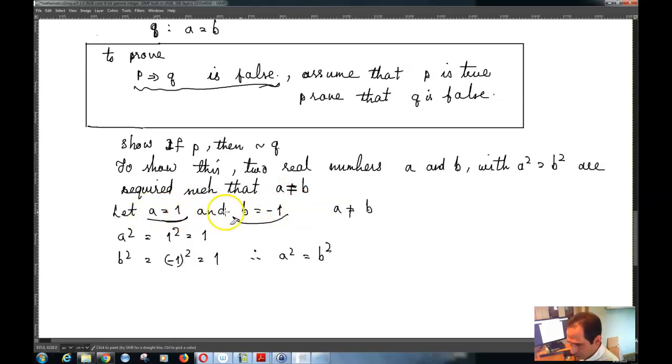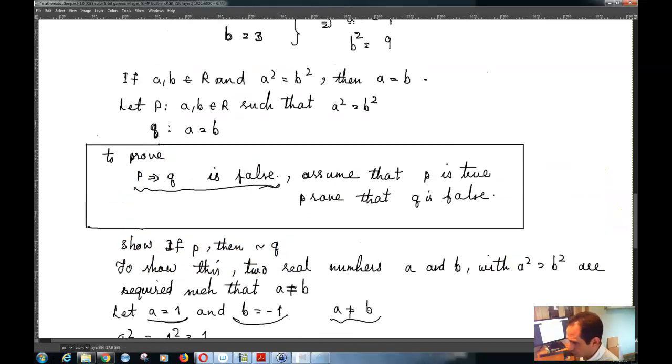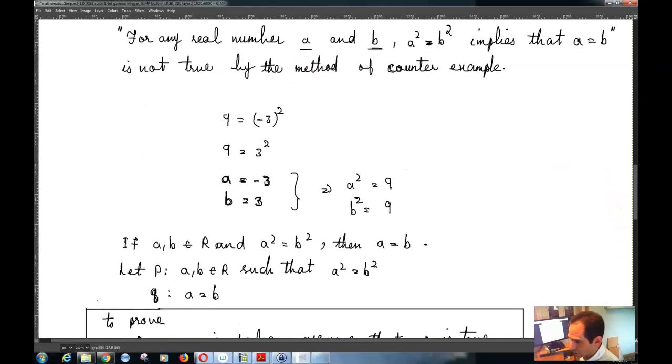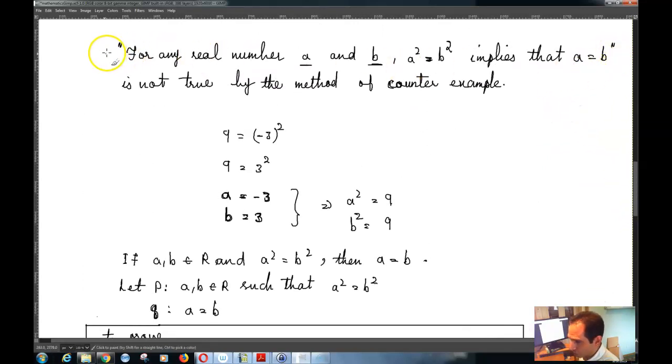So then if a is equal to 1, b is equal to -1, then of course a squared is equal to b squared. But then a is not equal to b. So that shows that basically P is true, and so you have basically shown that if P, then not Q. And that shows that your statement, which was this thing over here, is actually false, meaning that you have proved that the statement was false.